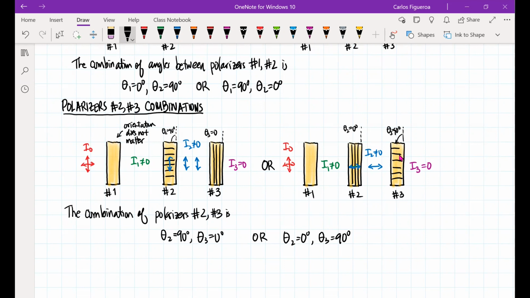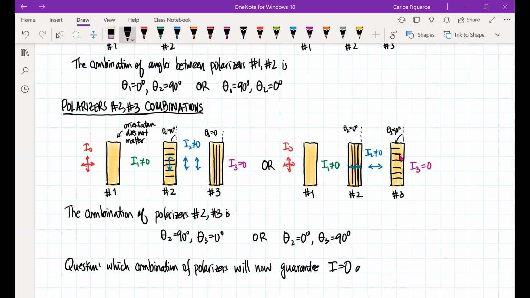So the question then comes in, which combination of polarizers will now guarantee intensity equal to 0 at theta equal to 90 degrees and 180 degrees.